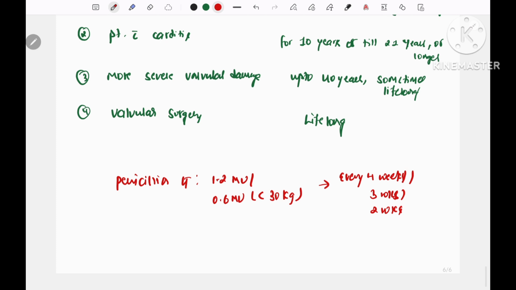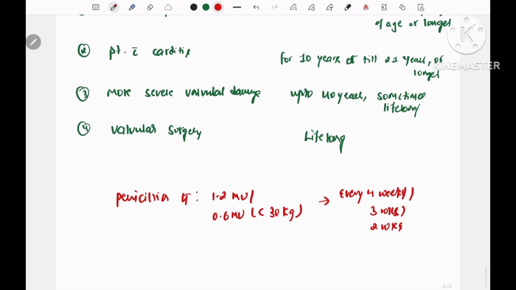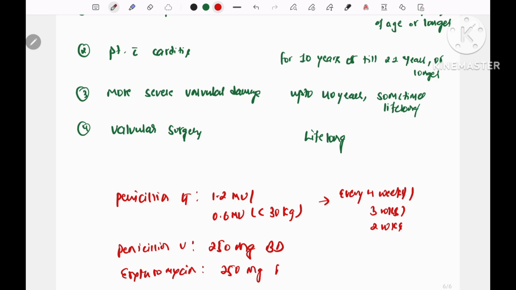And if the patient is allergic and is not having penicillin G, then penicillin V, which is in the oral form, can be given, and its dose is 250 mg twice daily. And if the patient is allergic to this penicillin, then we give erythromycin. The dose is same, that is 250 mg BD.